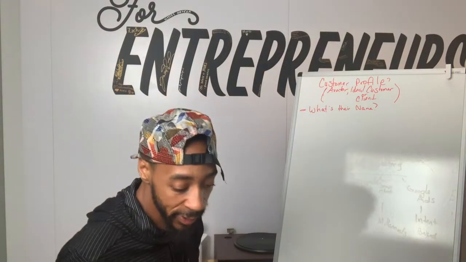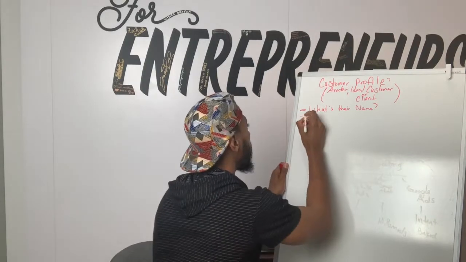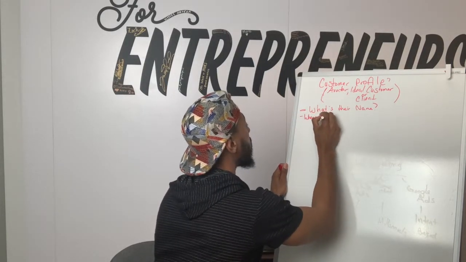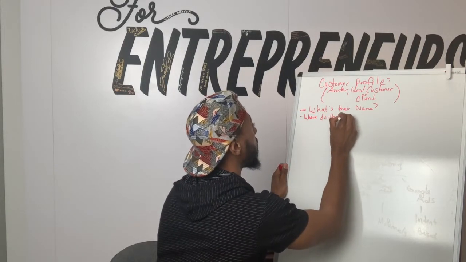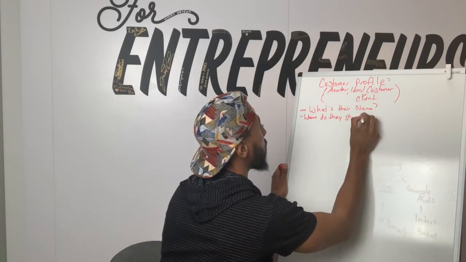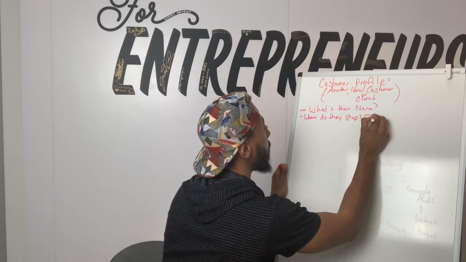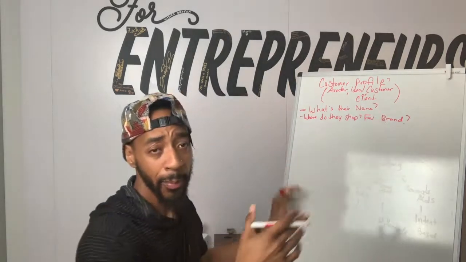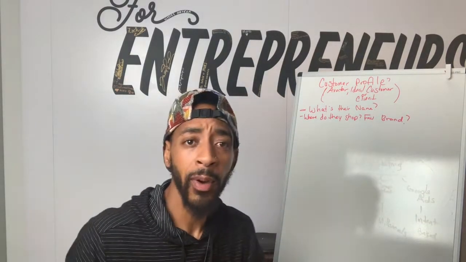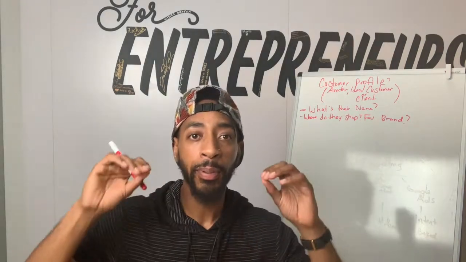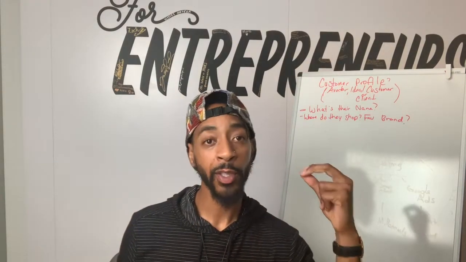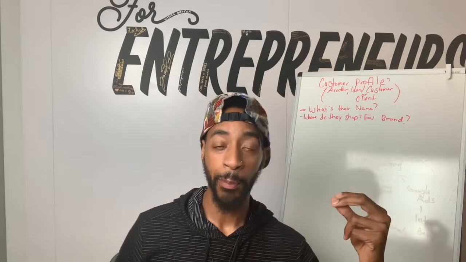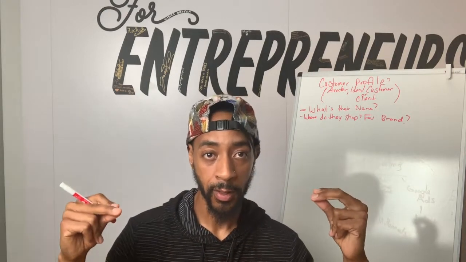So the next thing is, where do they shop? What's their favorite brand? There's something completely different between a person who shops at Saks Fifth and a person who shops at Target or Sears.